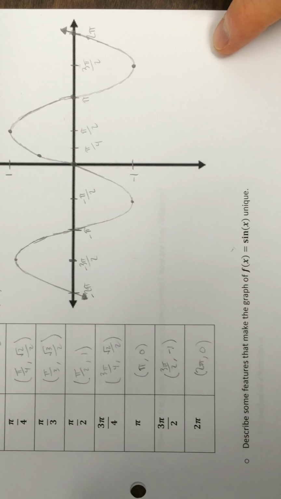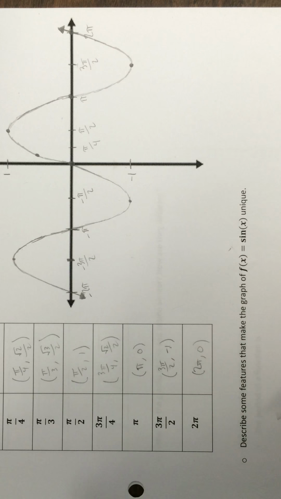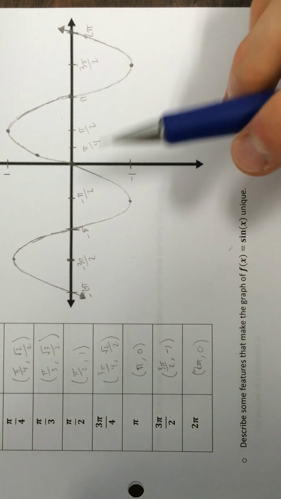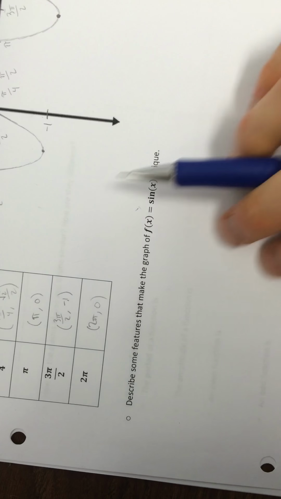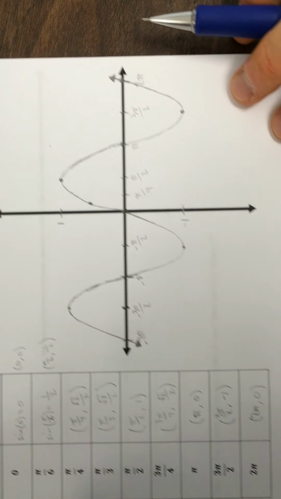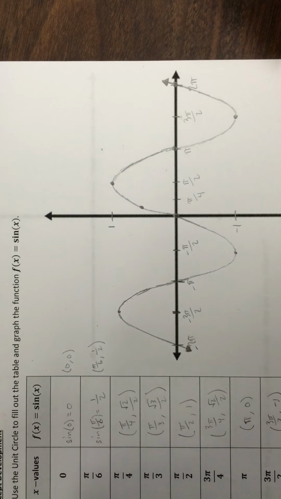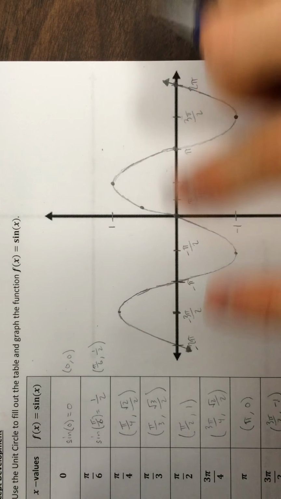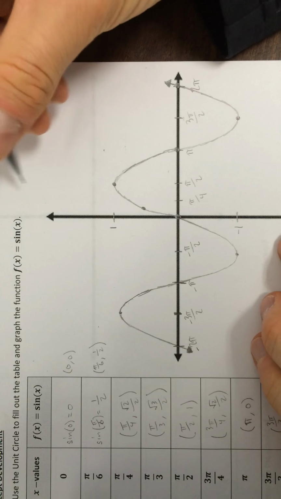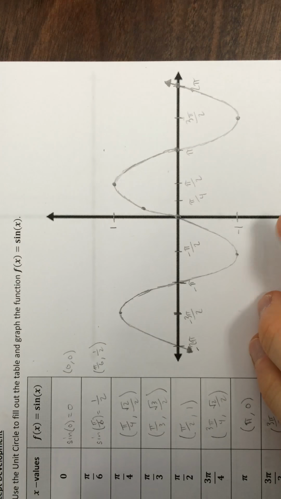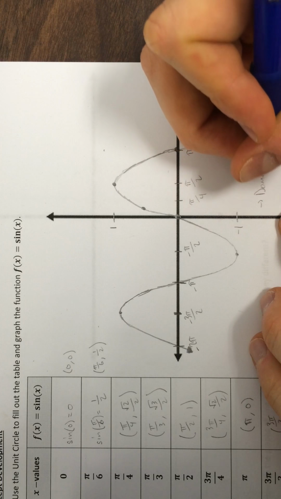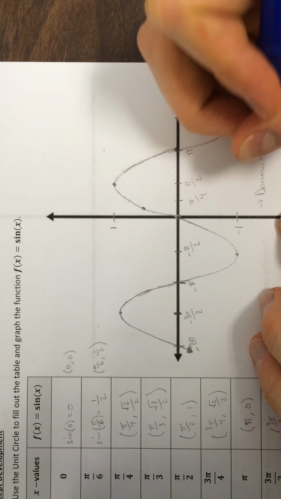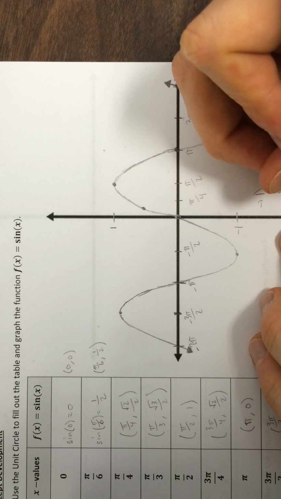Now I'm going to go through some key features. I'm going to write those key features here so we can look at the graph while writing them. If you want to write in the space below this, that's fine. But in class we said it goes on forever in the x direction in both directions. If we're talking about x and y values that a function takes, we're talking about our domain and our range.